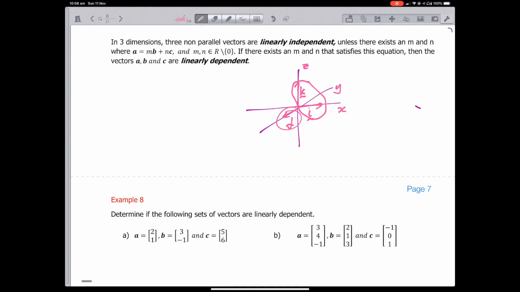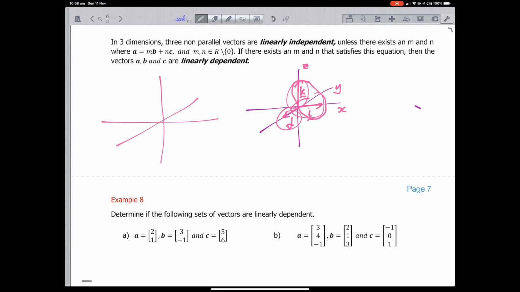But because they all lie in different planes, and I can't use the addition of the scalar multiples of two of them to make the third one, they are not linearly dependent. So if they were linearly dependent, they would all exist in the same plane. Now, what I mean by that is if I had a three-dimensional space, I've got a plane.